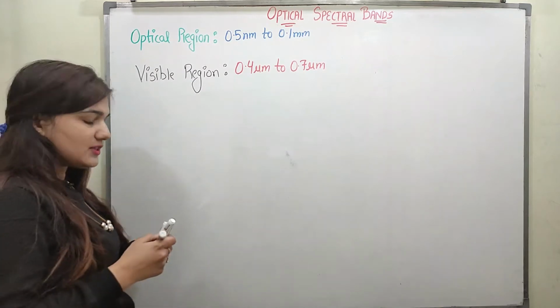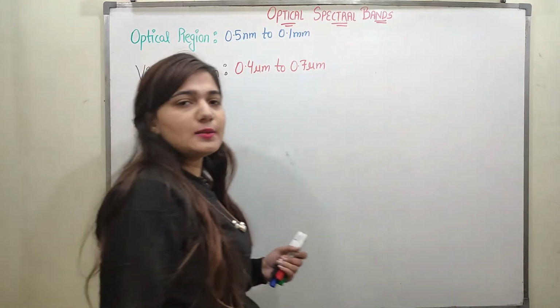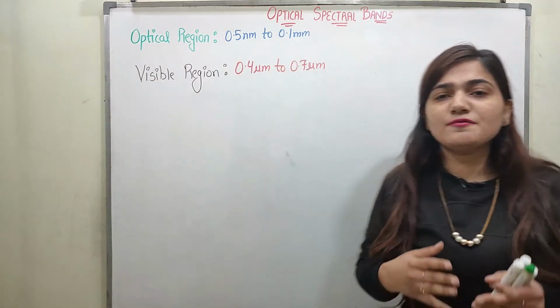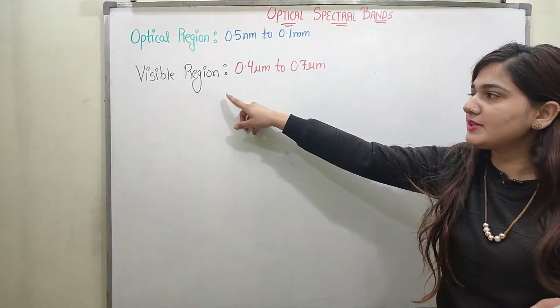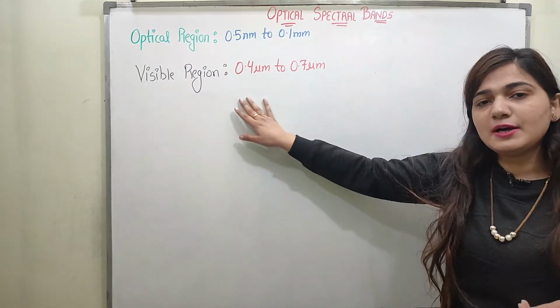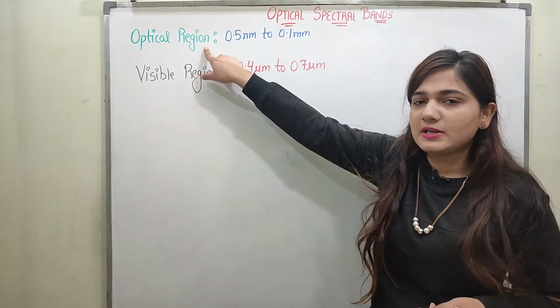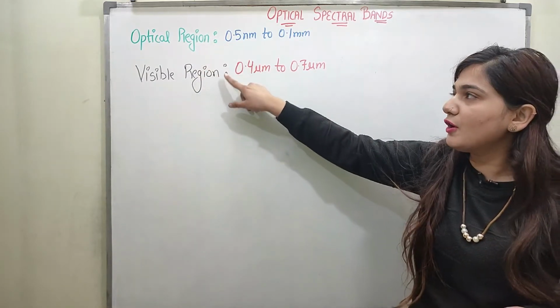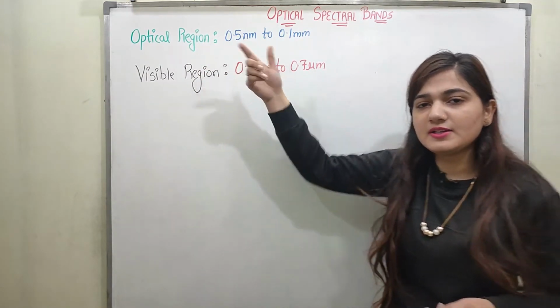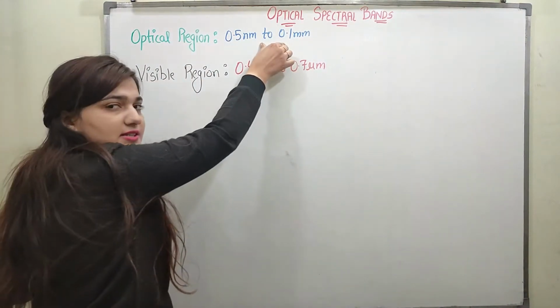Now what is the difference between the optical region and the visible region? The optical region is far broader than the visible region. The visible region contains just the EM waves which are visible to the human eye. It is a subdivision, a part of the optical region. You can see this region is present inside this region.